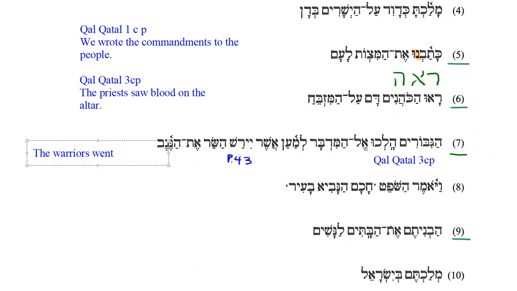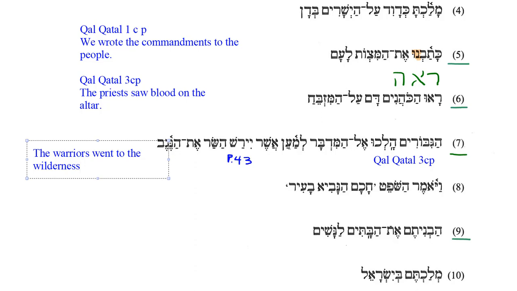And then we have el hamidbar. So el is the preposition for to, type that in. And then hamidbar, this is definite article, and then midbar is wilderness. So the warriors went to the wilderness.